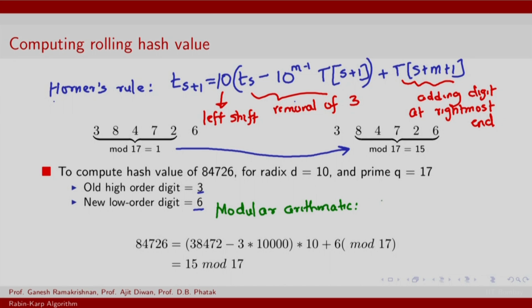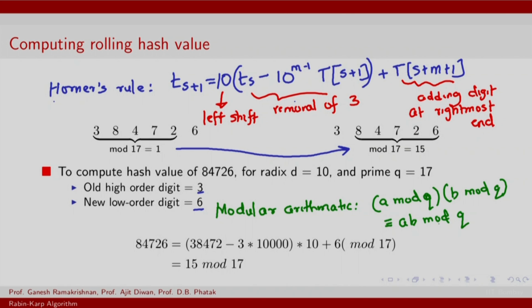So in multiplication, A mod Q times B mod Q is equivalent to AB mod Q.